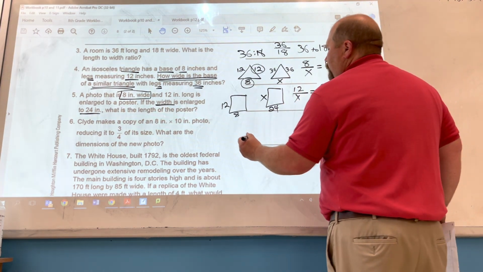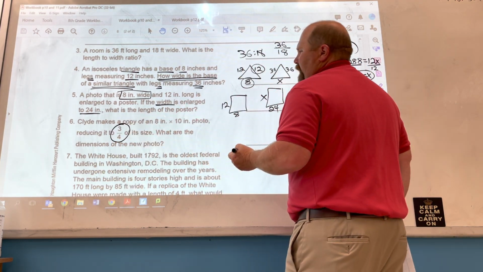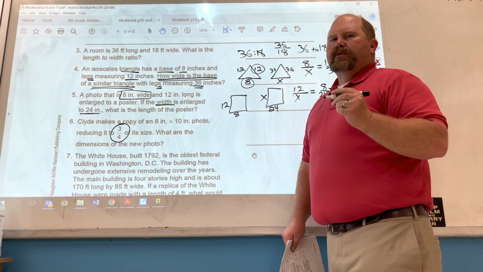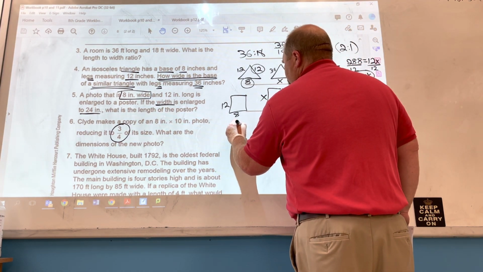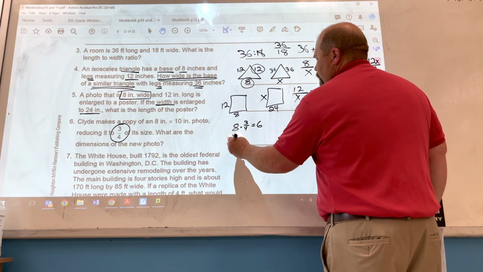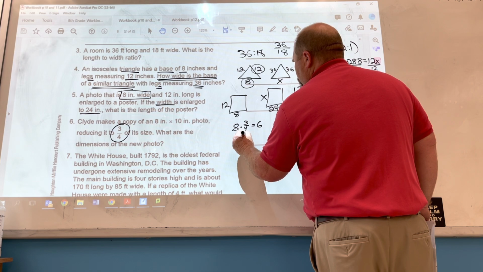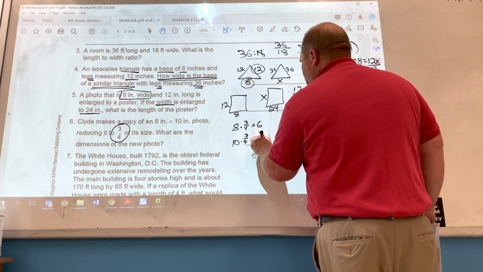So the easiest way to solve this is to use the scale factor. This is the scale factor. And when using a scale factor, you always multiply. So we simply want to do 8 times 3/4, and that equals 6. And we'll do 10 times 3/4, which equals 7.5.